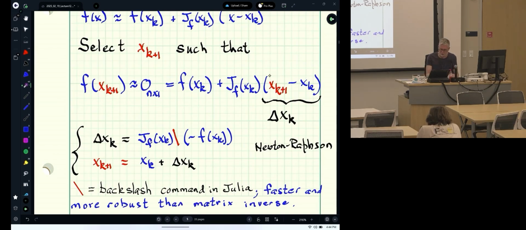We plug in xk+1 for x. We'll call that delta x. And we're going to solve for delta x such that it is a root of the linearized equation. When is that linear equation going to have a unique solution? If this is n by n, we need the determinant of this matrix to be non-zero, the same thing as the columns being linearly independent.